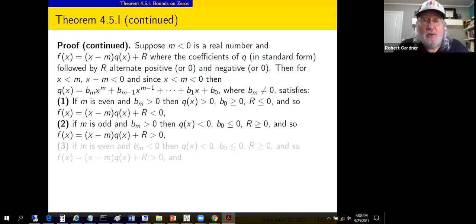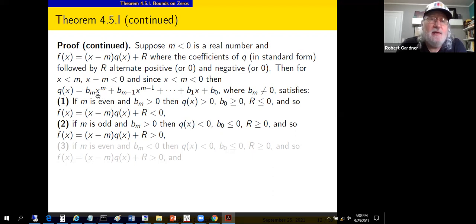Okay. Similarly, except this time, suppose m is odd. A similar argument will show that q of x is negative. Let's look at the first term. So we're taking b sub m positive. Okay, this will be positive. X is still negative. X is less than m is less than 0.